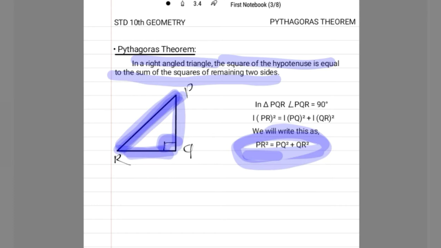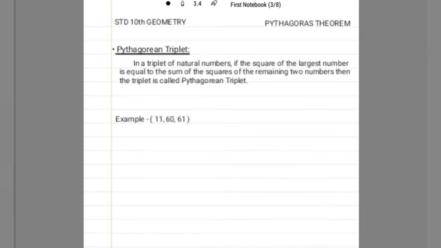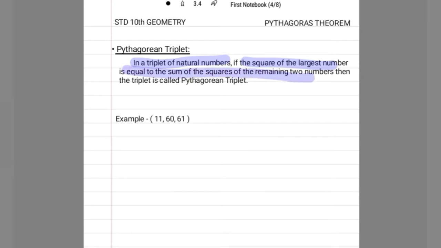So moving to the next topic, that is Pythagorean triplet. In this, what it says is, in a triplet of natural numbers. Now natural numbers are any numbers from 1 and ahead. So if the square of the largest number is equal to the sum of the squares of the remaining two numbers, then the triplet is called a Pythagorean triplet.